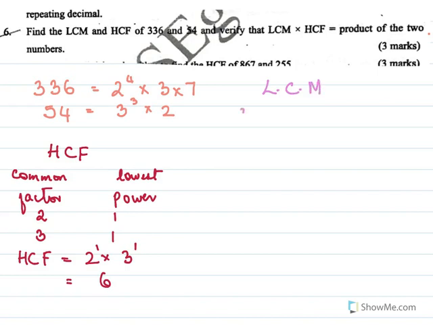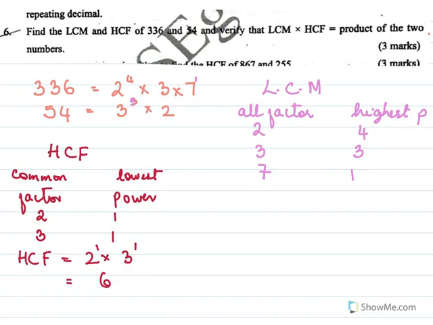And then for LCM, all factors and highest power. So all factors 2, 3, 7, highest power of 2 is 4, highest power of 3 is 3, highest power of 7 is 1. Have you seen here 7 raised to 1?